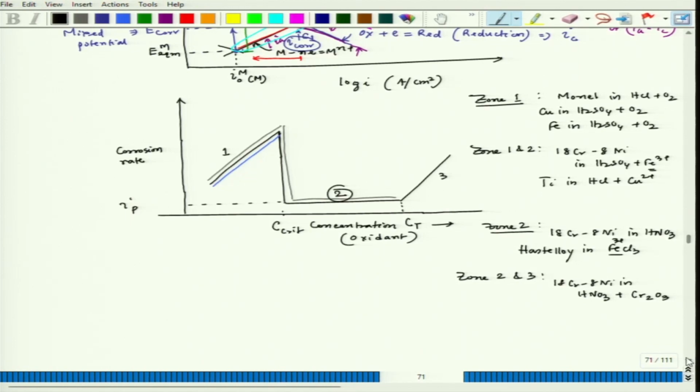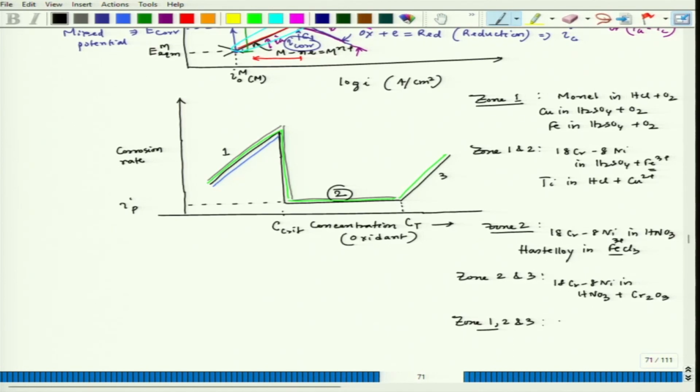Now, in some metals and alloys, it can actually have all 3 zones. That means it can have this one, then this particular zone, and then the third zone. So, for zones 1, 2 and 3, all 3 are noticed.